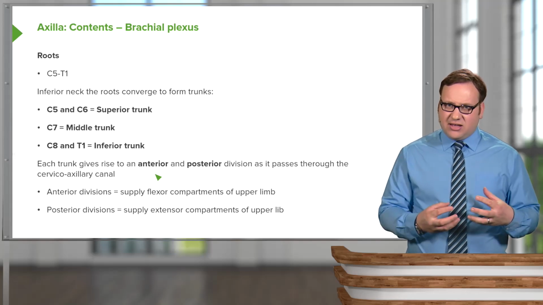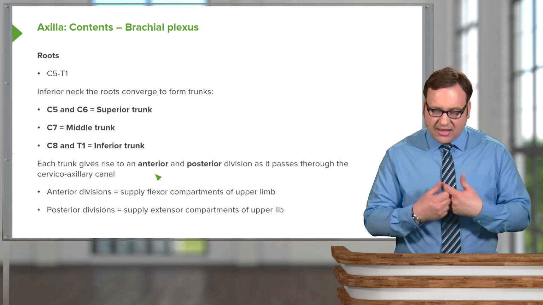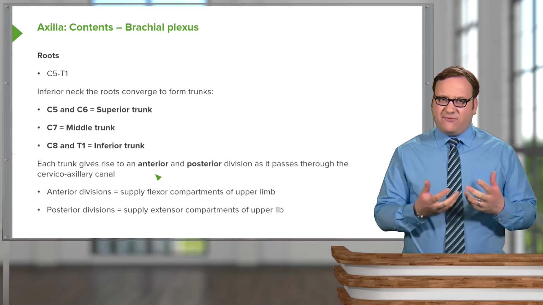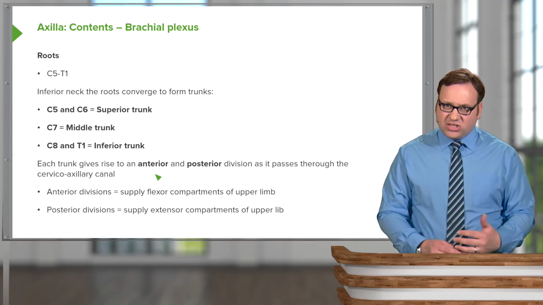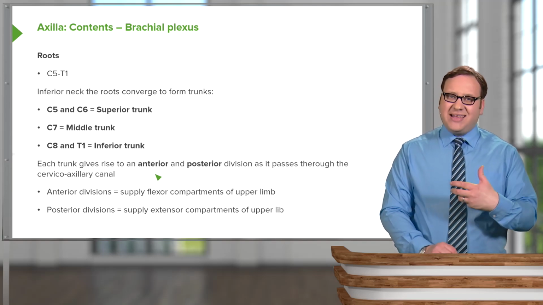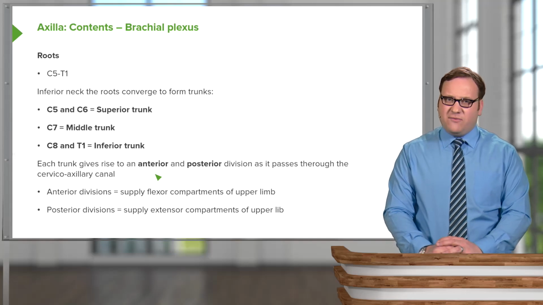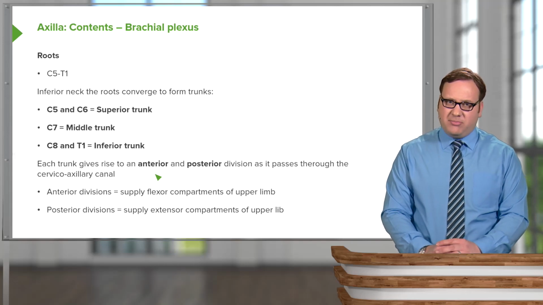The anterior divisions are going to give rise to fibers that supply the flexor compartments of the upper limb. And these flexor compartments sit anteriorly. The posterior divisions are going to give rise to branches that supply the extensor compartments. And the extensor compartments are within the posterior aspect of the upper limb.